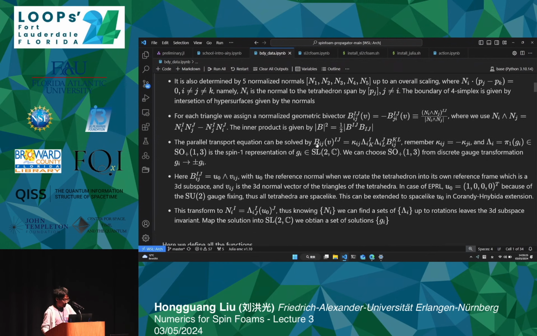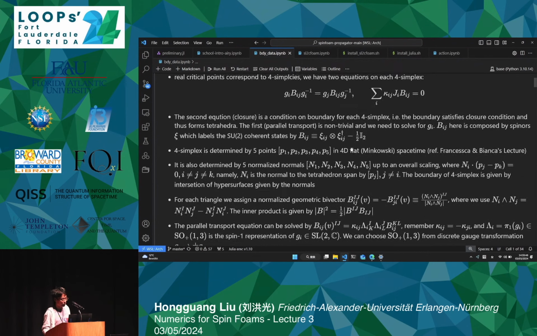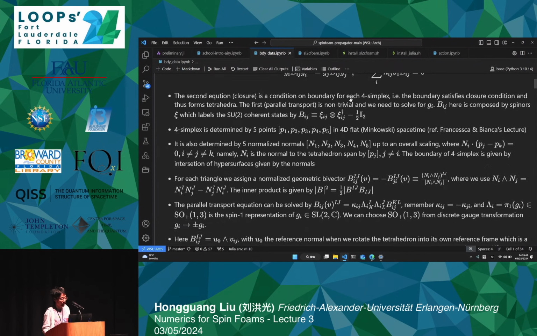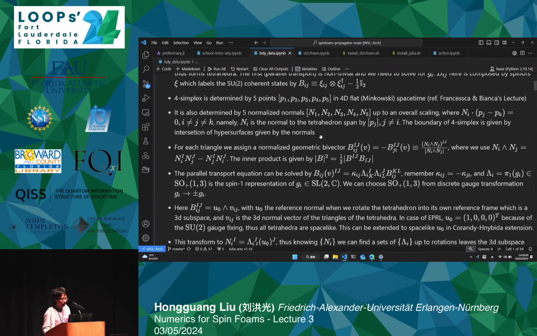And finally, when we have this lambda, the normal is nothing else but the boost of the reference normal to its 4D version. And more or less, it means when we know the normals, we can find a set of SO(1,3) group elements that solves the parallel transport equation. But now this is spin 1/2. This is not 4D, this is 2D.